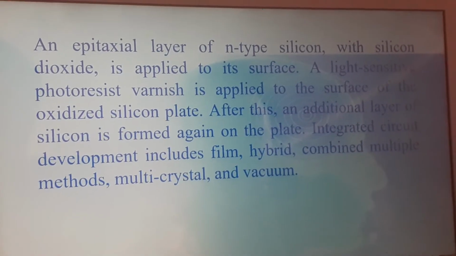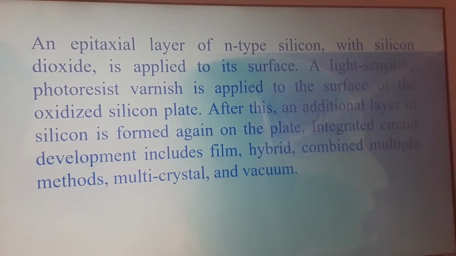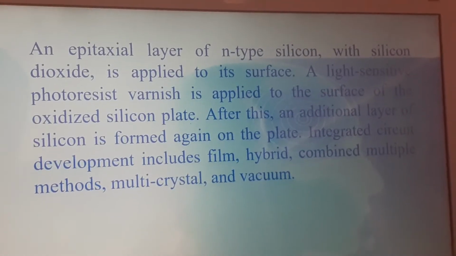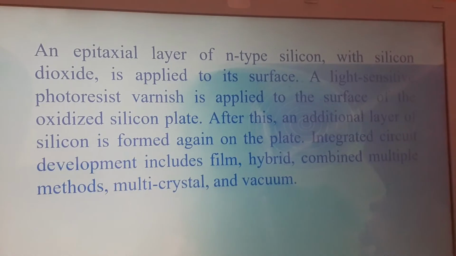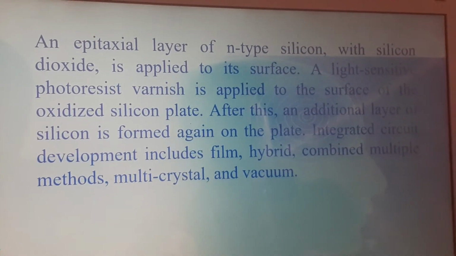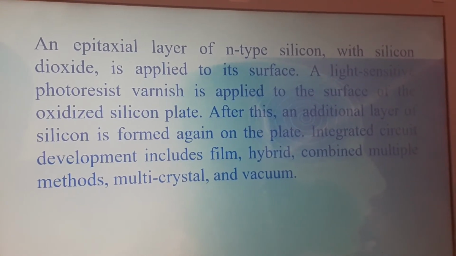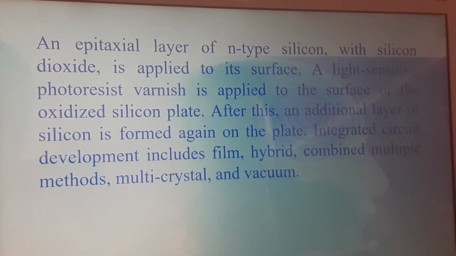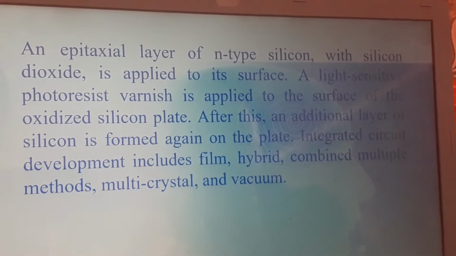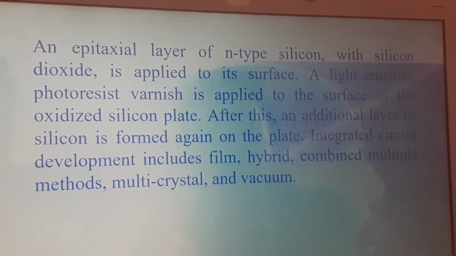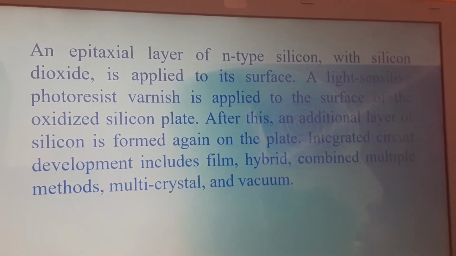After this, an additional layer of silicon is formed again on the plate. Integrated circuit development includes film, hybrid, combined, multiple methods, multi-crystal, and vacuum.